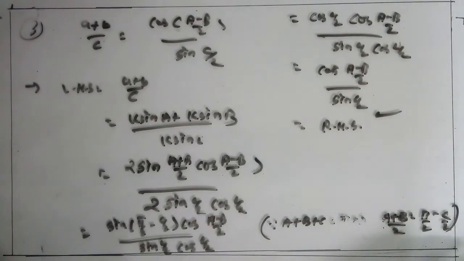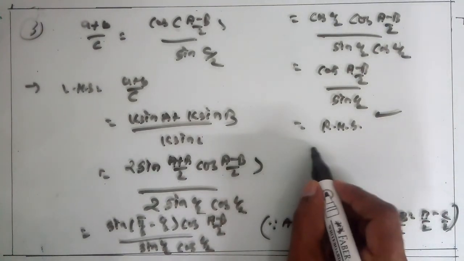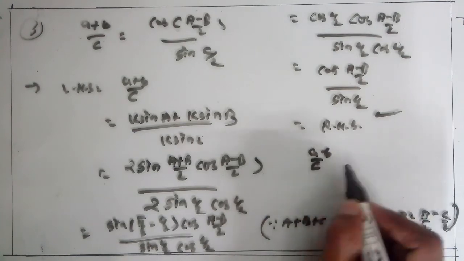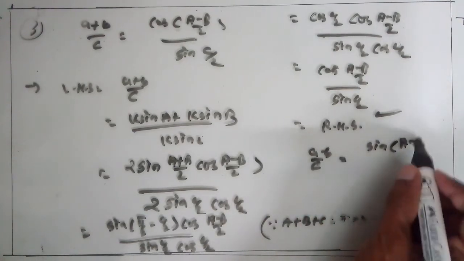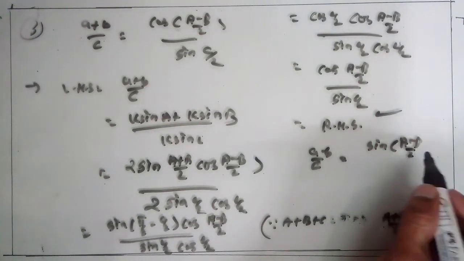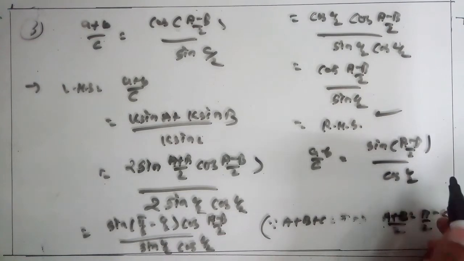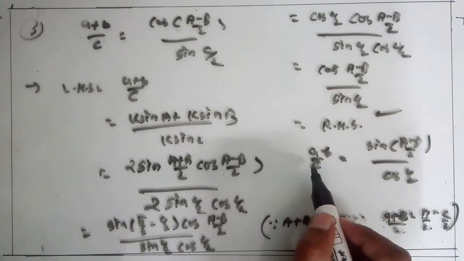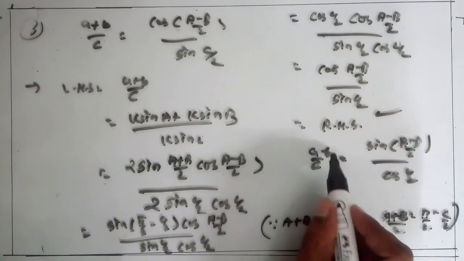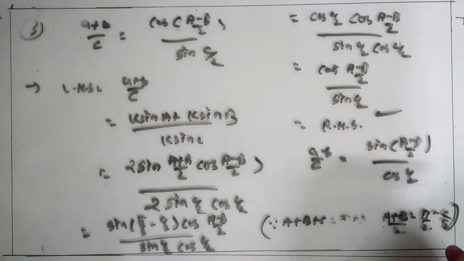Applying the same, we solve question number 4: sin of (A minus B) by 2 upon cos C by 2. So a is equal to k sin A, b is equal to k sin B, c is equal to k sin C. Taking these terms, we get these terms. Clear?